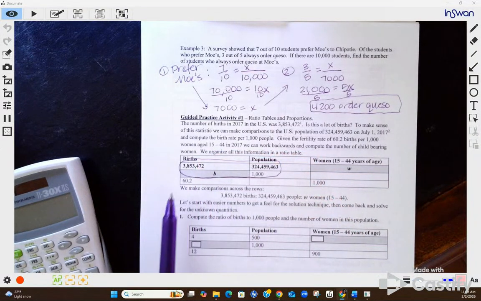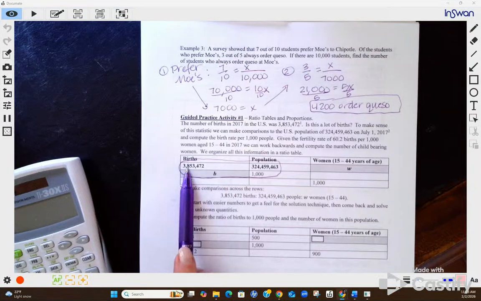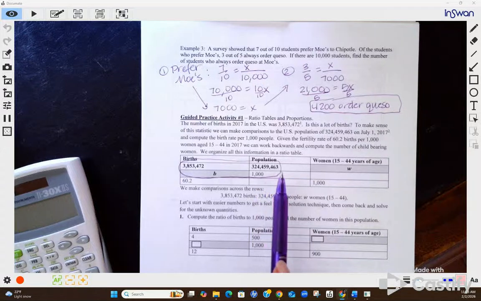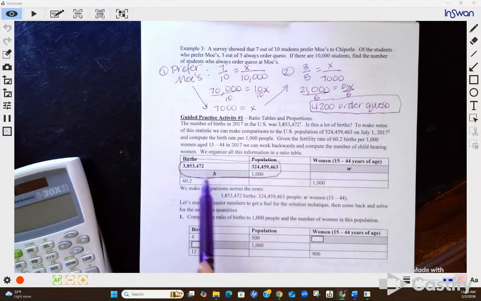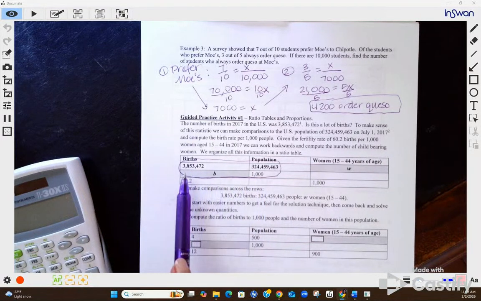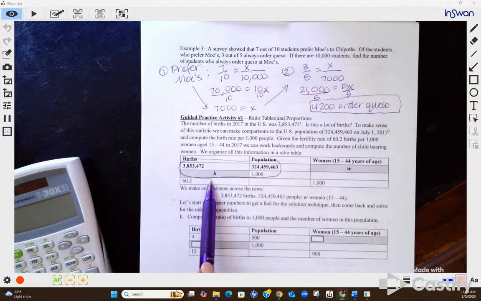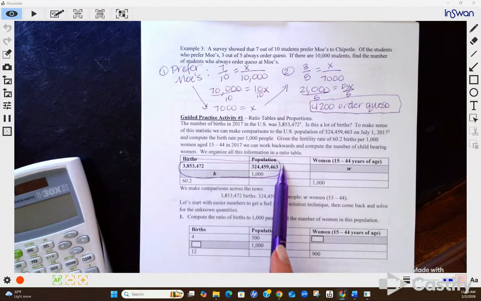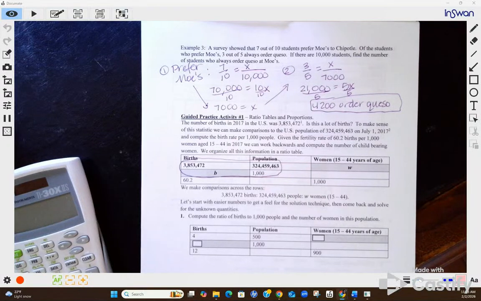So you would compare the 3,855,472 births to the total population, and then you would make that equal to B over 1,000, or you could do the 3 million number over B equals the 324 million over 1,000. Okay, it would work either way.